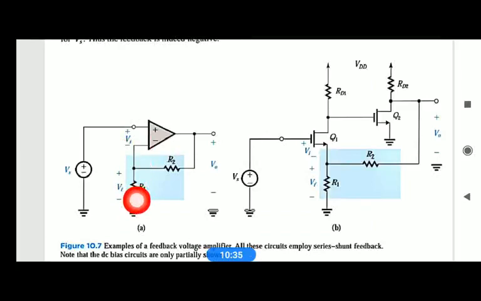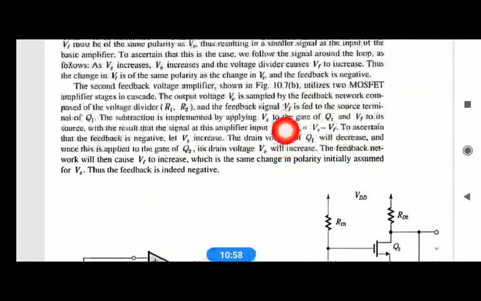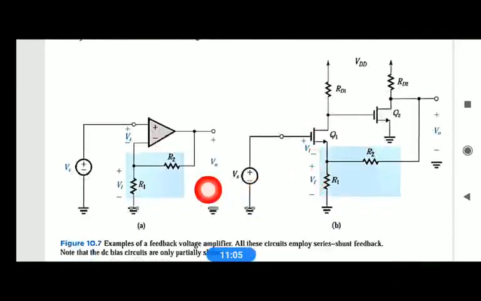The input voltage Vi, which is applied between the non-inverting terminal and the inverting terminal, is Vs minus Vf. So since Vi is Vs minus Vf, as Vs increases, Vi increases.